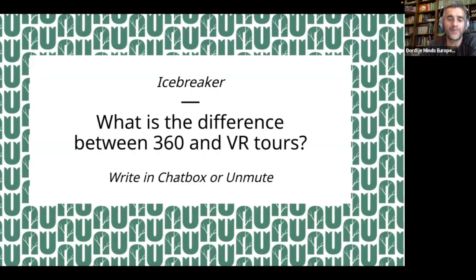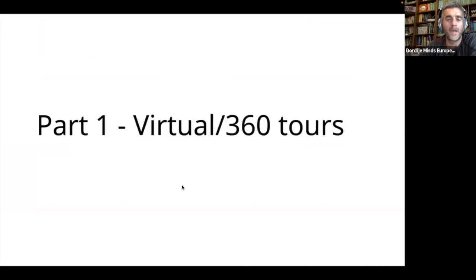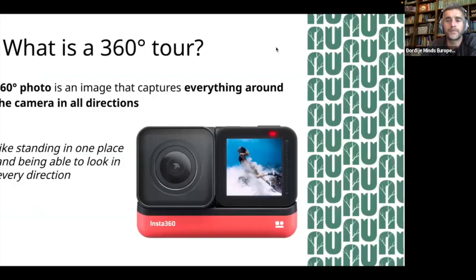Okay, let's start then with this presentation. First, we'll talk about virtual or 360 tours. What are virtual tours? What are 360 tours? A 360 tour is a tour which combines 360 photos. Now, what are 360 photos?